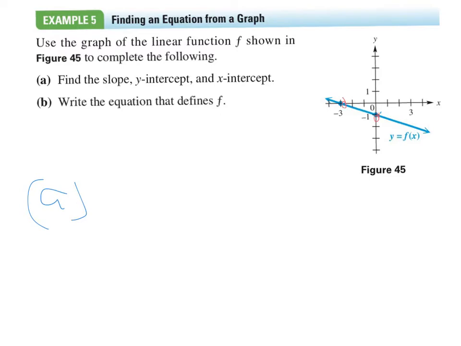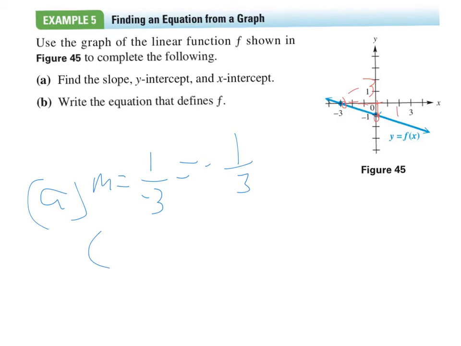So if you count up and over, you notice that's 1 unit up, so that's 1 in the positive y direction. Then you go 1, 2, 3 units to the left, so that'd be minus 3 in the x direction. So our slope would be the y displacement, which is positive 1, divided by the x displacement, which is negative 3, so our slope is negative 1/3.